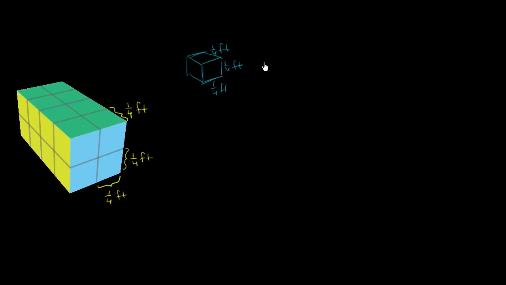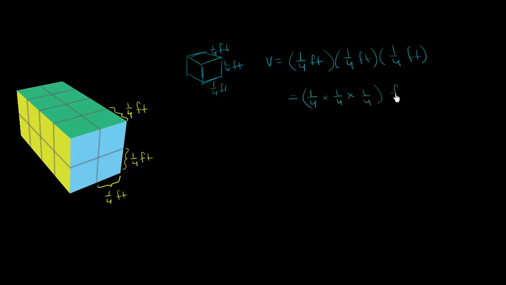The unit cube's volume is going to be 1/4 of a foot times 1/4 of a foot times 1/4 of a foot. Or another way to think about it is 1/4 times 1/4 times 1/4 cubic feet, which is often written as feet to the third power.